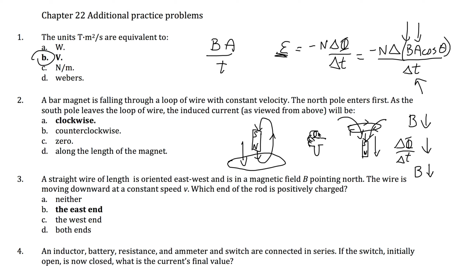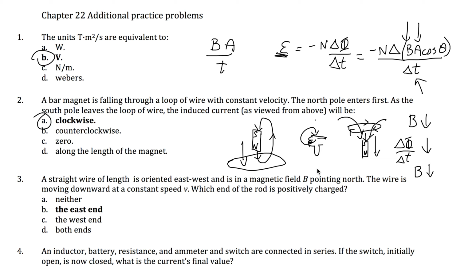You're curling those fingers in the direction of the current, making that clockwise loop, and that thumb is pointing down. So that's what you want. You want those fingers to be clockwise, and that produces a downward field, which is what we want. So that's why, looking from above, these fingers are making a clockwise loop.